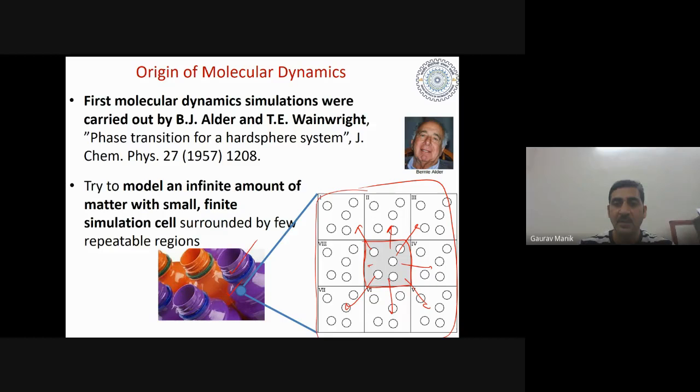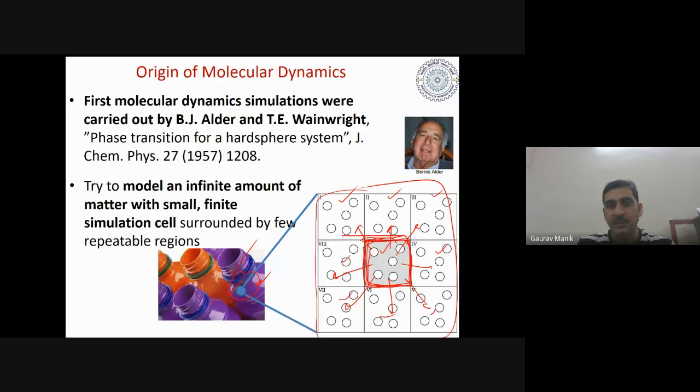So you try to focus on one simulation cell, although in this piece itself there might be 1 billion atoms, but you choose, let's say, about 100 atoms, with similar lattices surrounding it. You focus on this central lattice and you try to estimate the properties of this polymer, which could be PET, by only simulating the properties of hundreds of monomers.